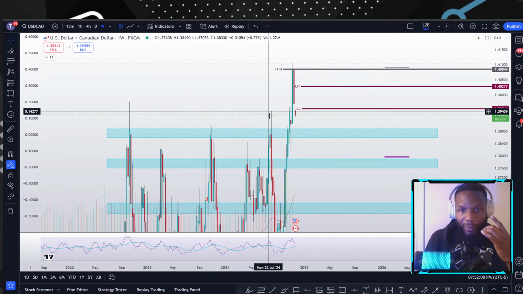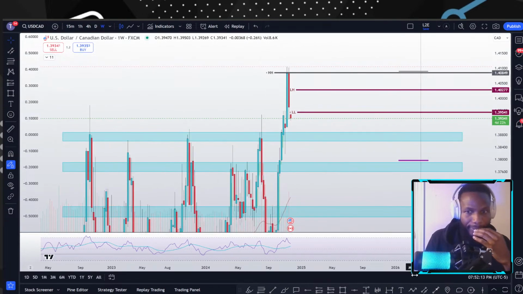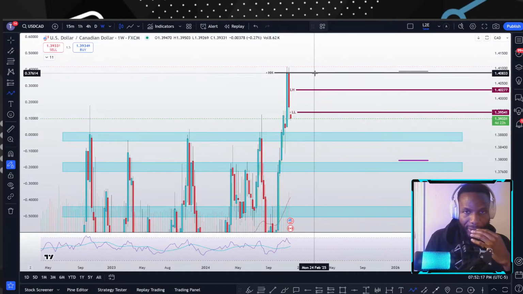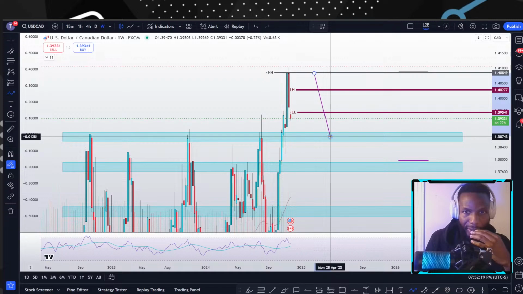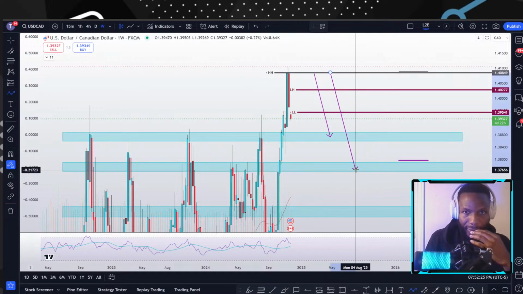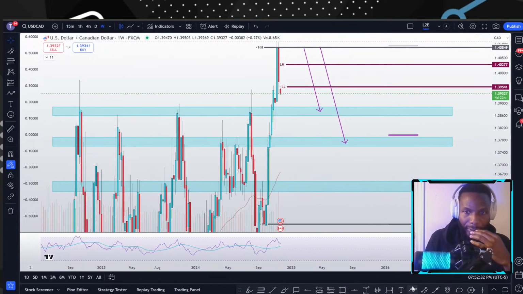So now that I have my levels, I'm just looking for price to see what it does when it gets here. See what it does when it gets here. Or if that level breaks, then I would see what it does when it gets down to this level here.